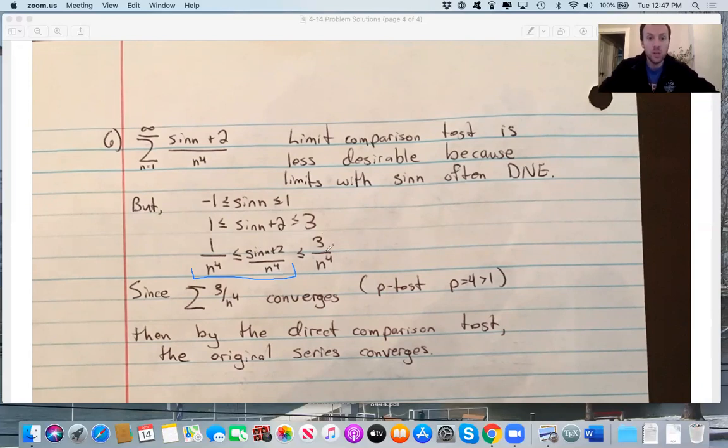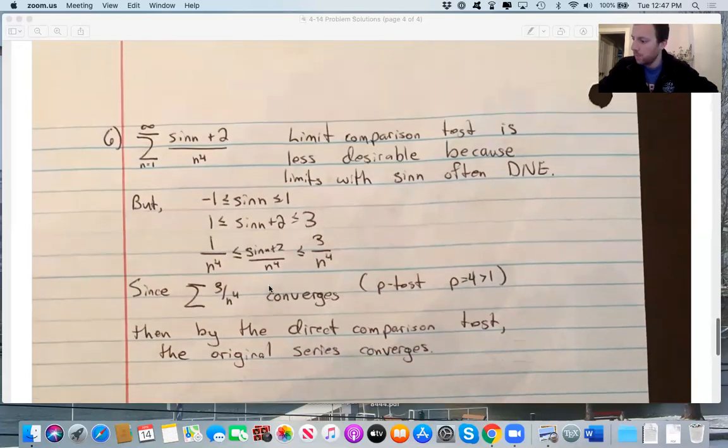So while there are 2 inequalities here, since the series with either of these terms converges, we want to cite this inequality to use the direct comparison test. Questions about that problem?